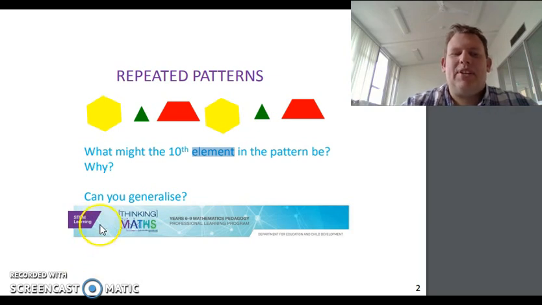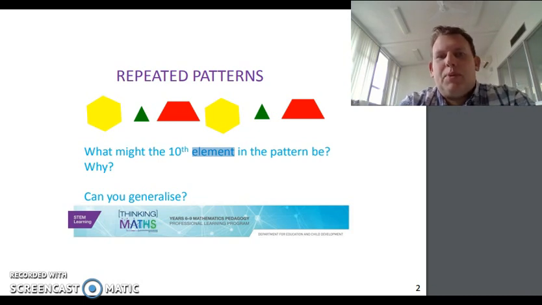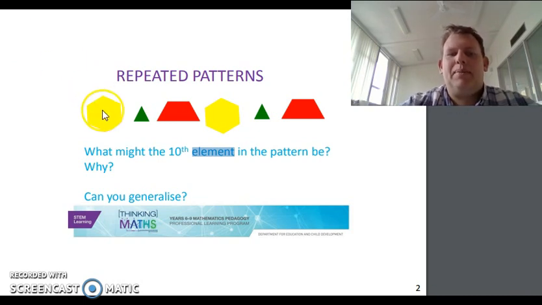Okay, then the question is, can you generalize? What does generalize mean? Have a conversation with the person next to you and see if you can work that out. Okay, and we're back. Hopefully you spoke about element, the 10th thing in the pattern.